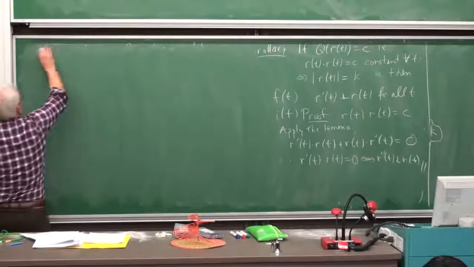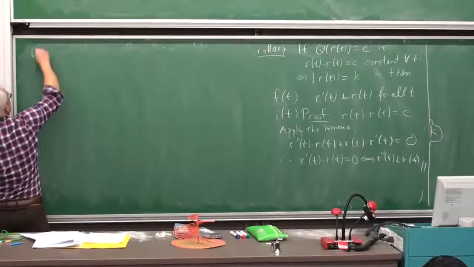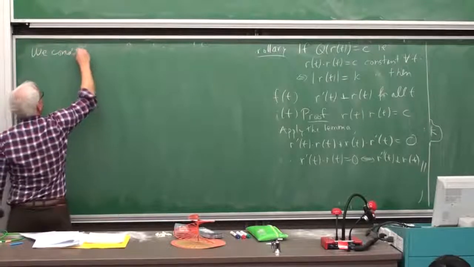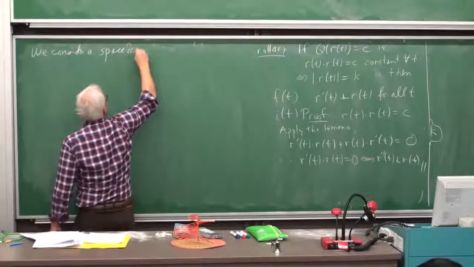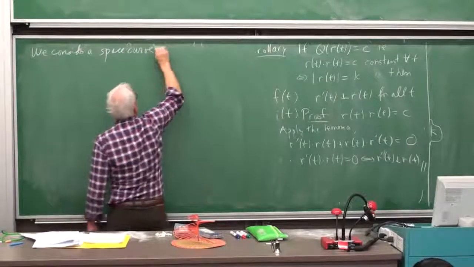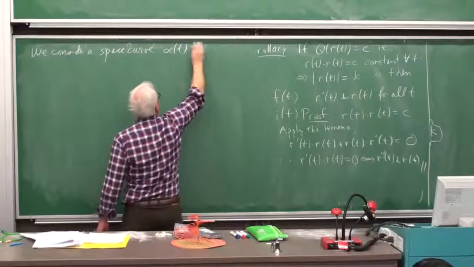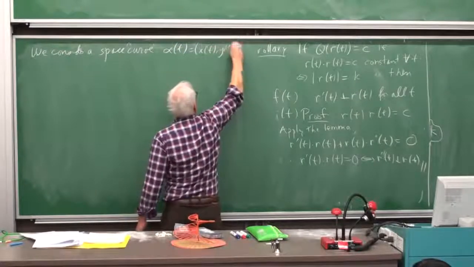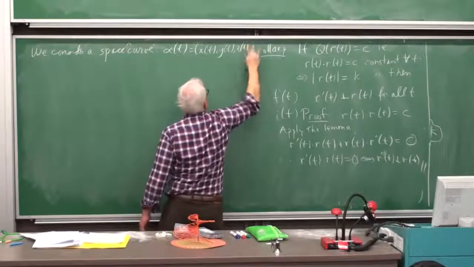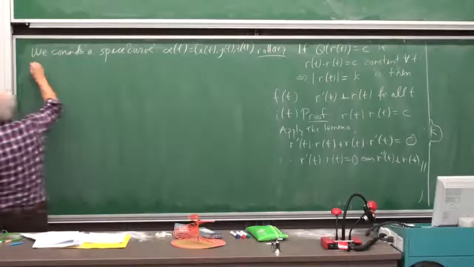All right, so we're going to be considering space curves. A space curve, perhaps alpha of t with coordinates x of t, y of t, and z of t. And we make a definition.